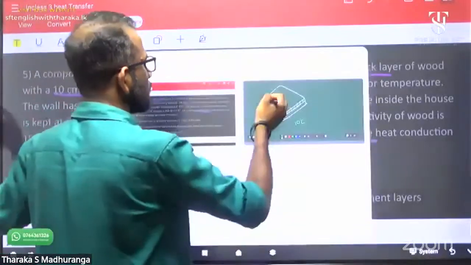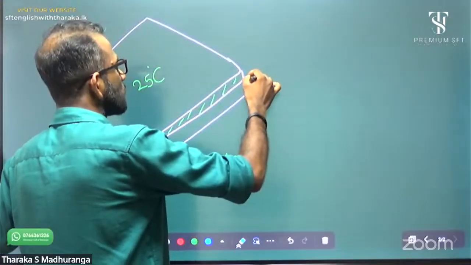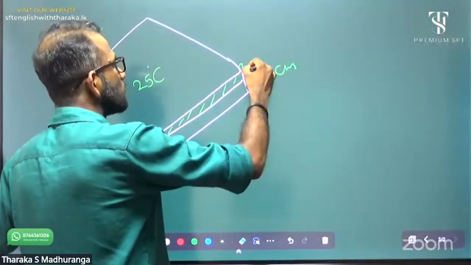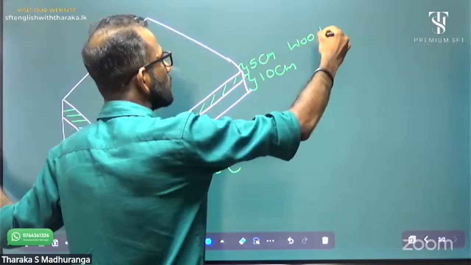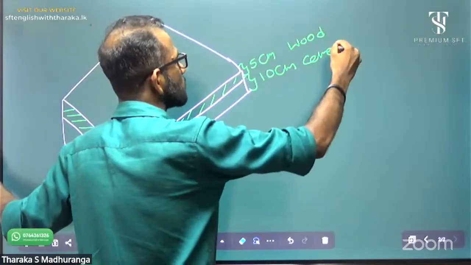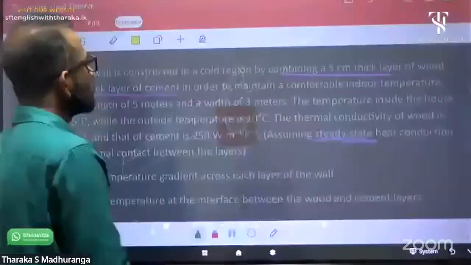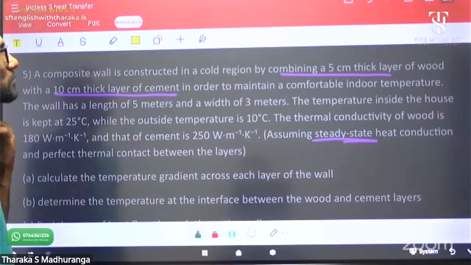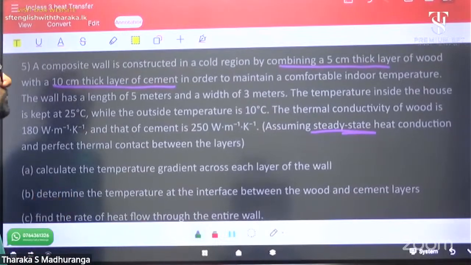Then it is a 10 centimeter concrete wall and a 5 centimeter wood wall. Wood, and this is cement. What else is given?